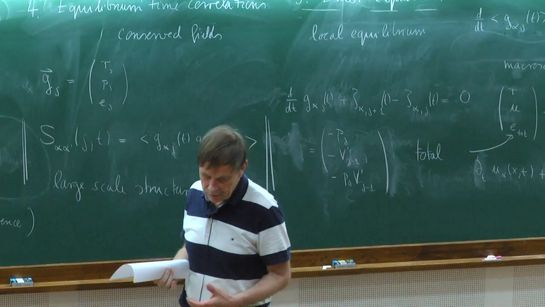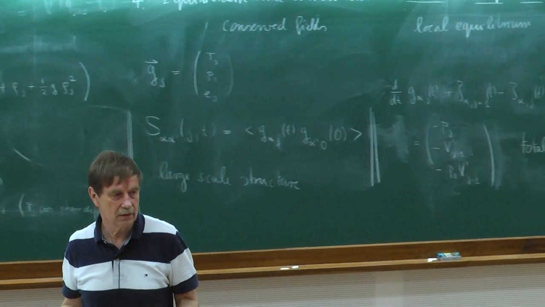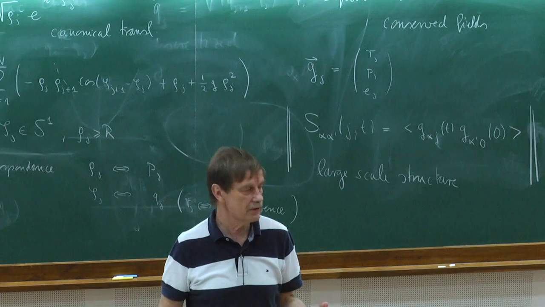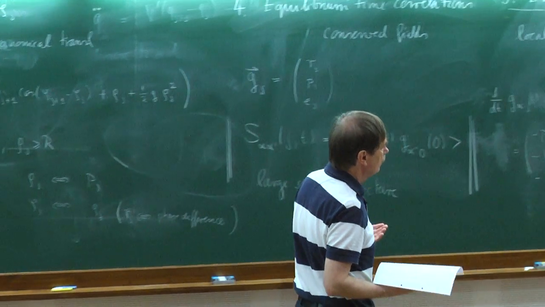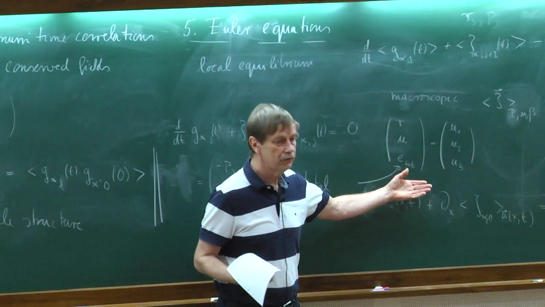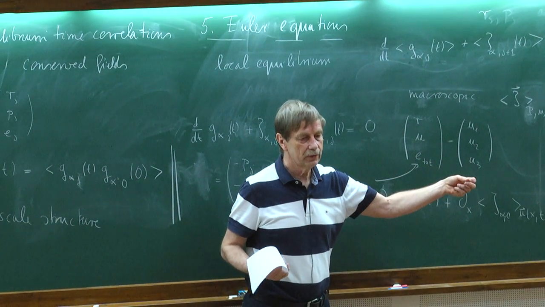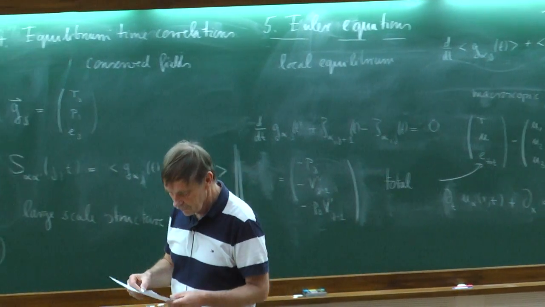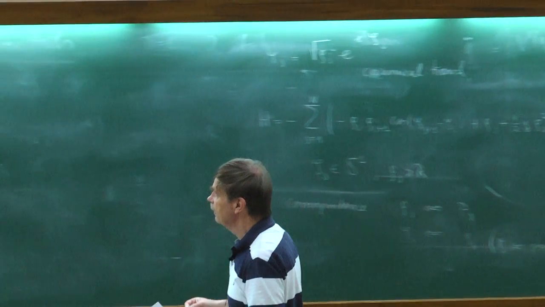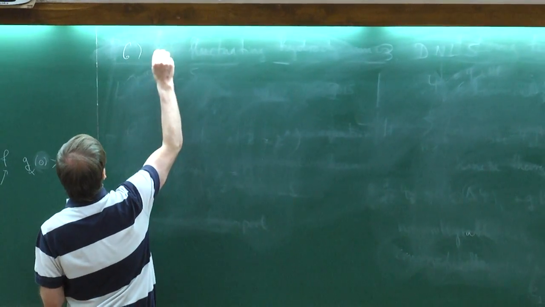Since we are doing a small perturbation, all you have to do is study these Euler equations in a very simple case, namely a uniform background plus a small local perturbation. So this is number 6, linearized Euler.